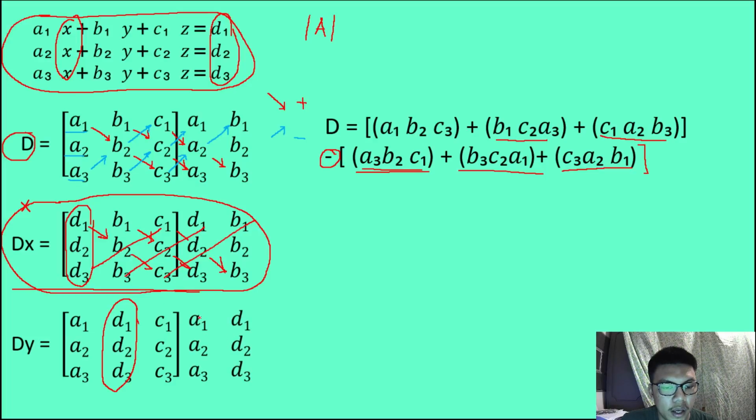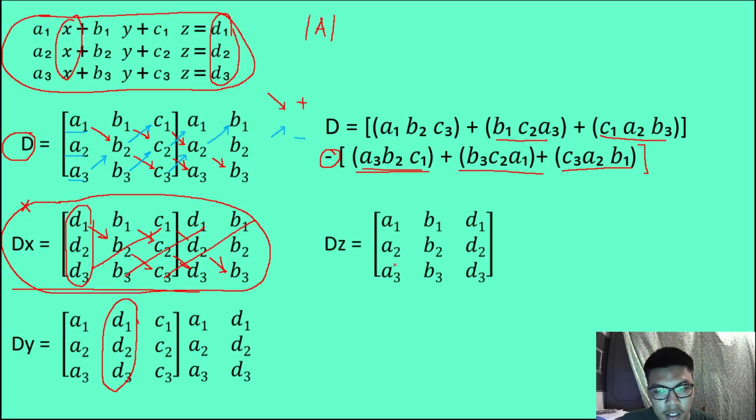Then we copy again the first two columns, yun, ano, A1, A2, A3, and D1, D2, D3. Then, for dz, so yung huling column na yun, yung para sa z, yun yung papalitan natin ng constant matrix. Then, same lang din, you rewrite the first two columns again, then form diagonals, then multiply, get the determinant.